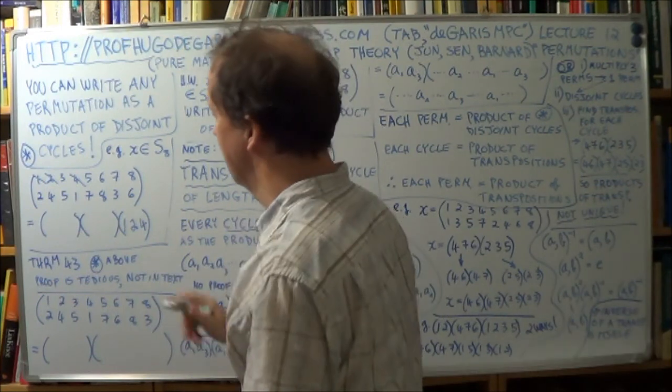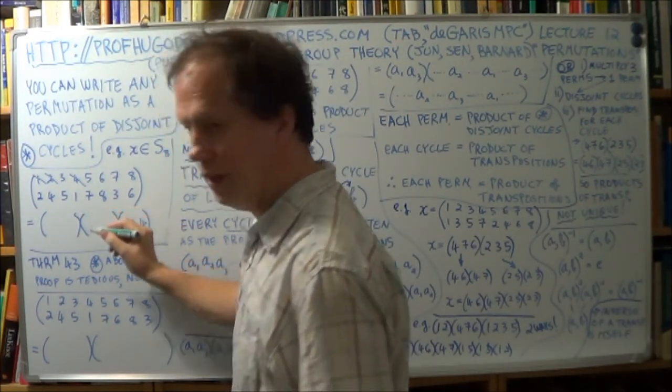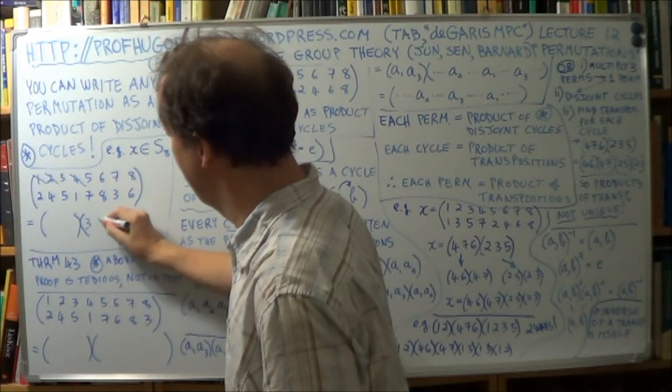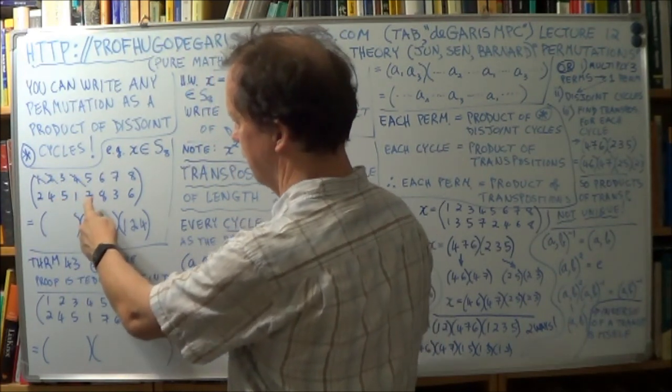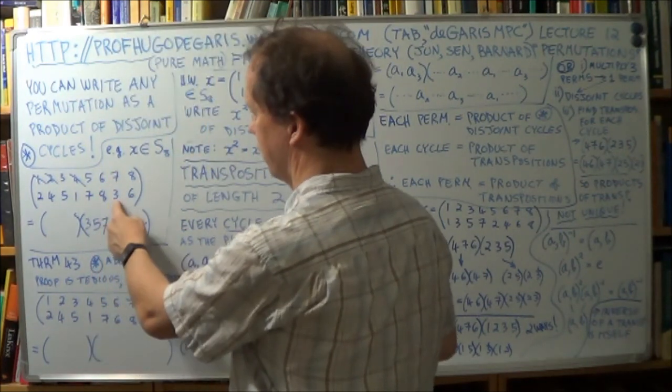So there'll be 3. This will be the second cycle. So 3 goes to 5, 5 goes to 7, and then 7 goes back to 3.